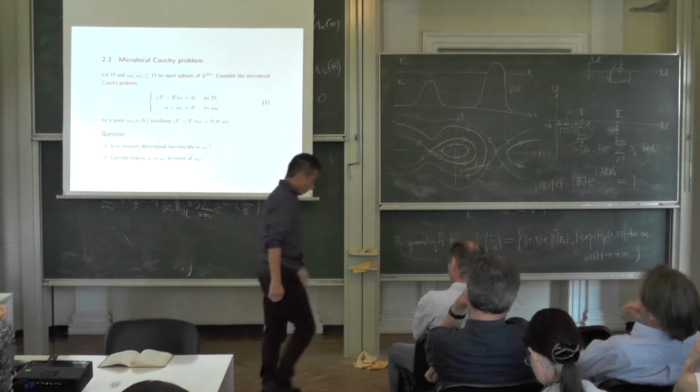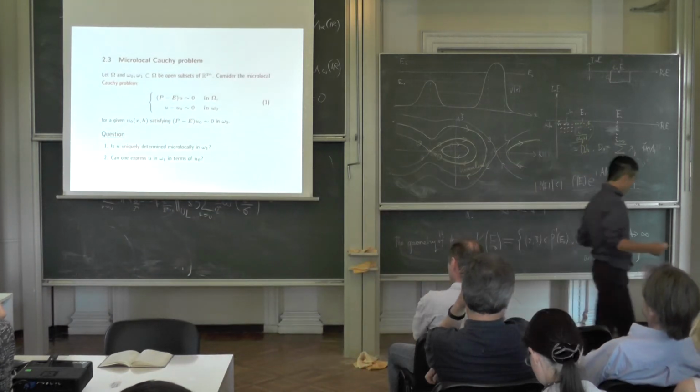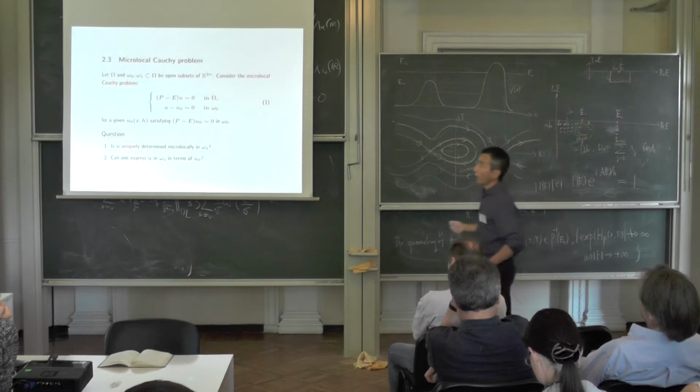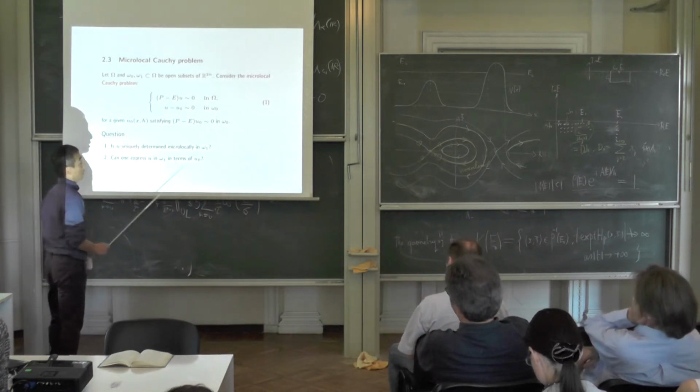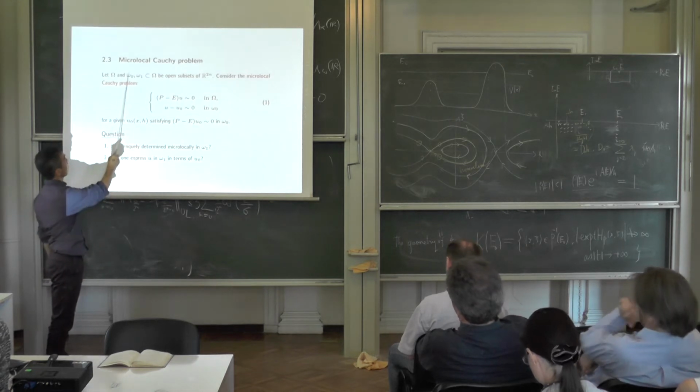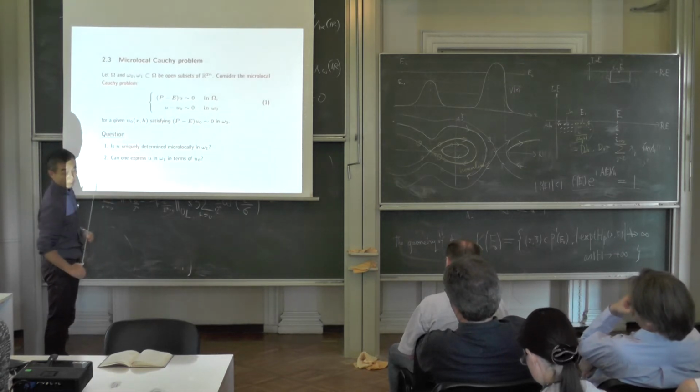Okay, so that was the microlocal propagation of singularity, but now I would like to be more precise. Let us consider such a problem that we call the microlocal Cauchy problem.